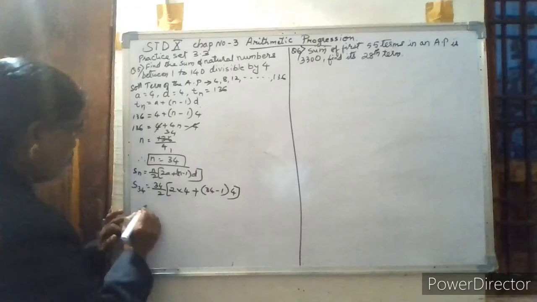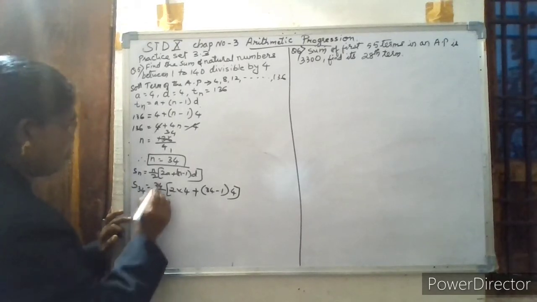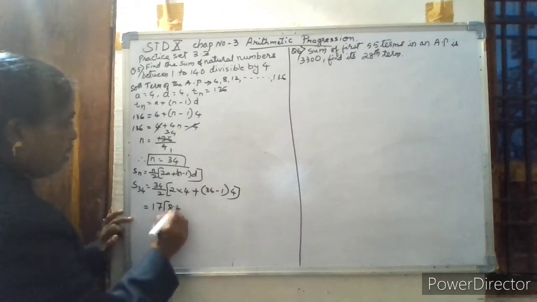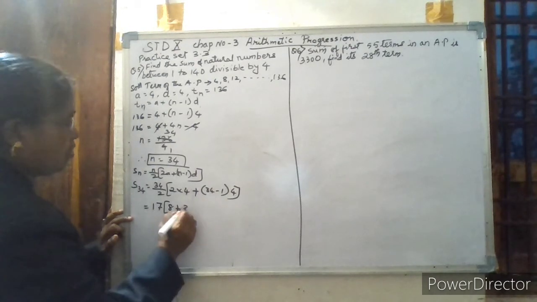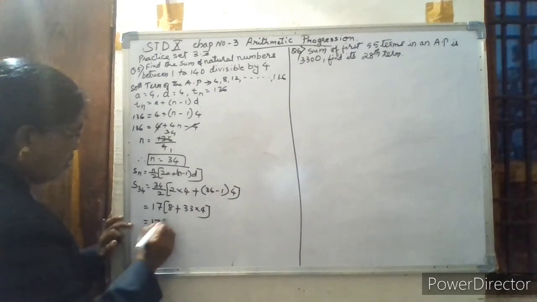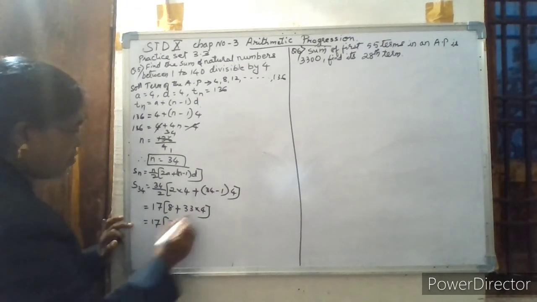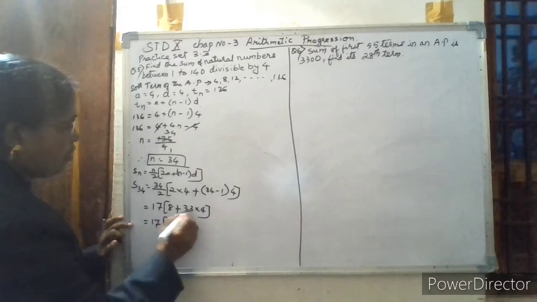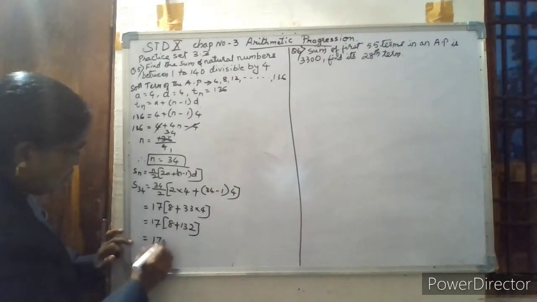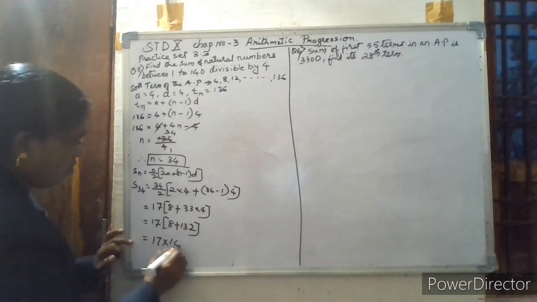So it is equal to 2 1s are 2, 2 7s are 14, 2 2 4s are 8, plus this is 33 into 4 value. So it is equal to 17 into 8 plus 3 4s are 12, carry 1, 3 4s are 12, 132. So it is equal to 17 multiplied by 140.